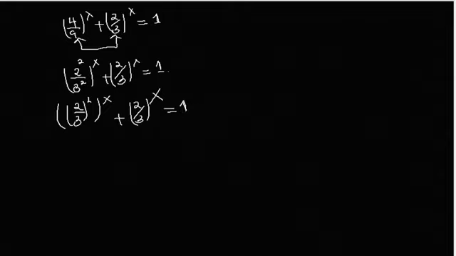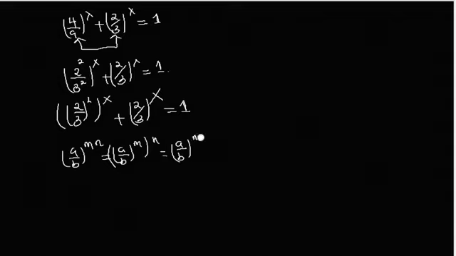Now we know that if you have a over b to the power of m, all to the power of n, then that can be written as a over b to the power of m to the power of n, and that can also be written as a over b to the power of n to the power of m.